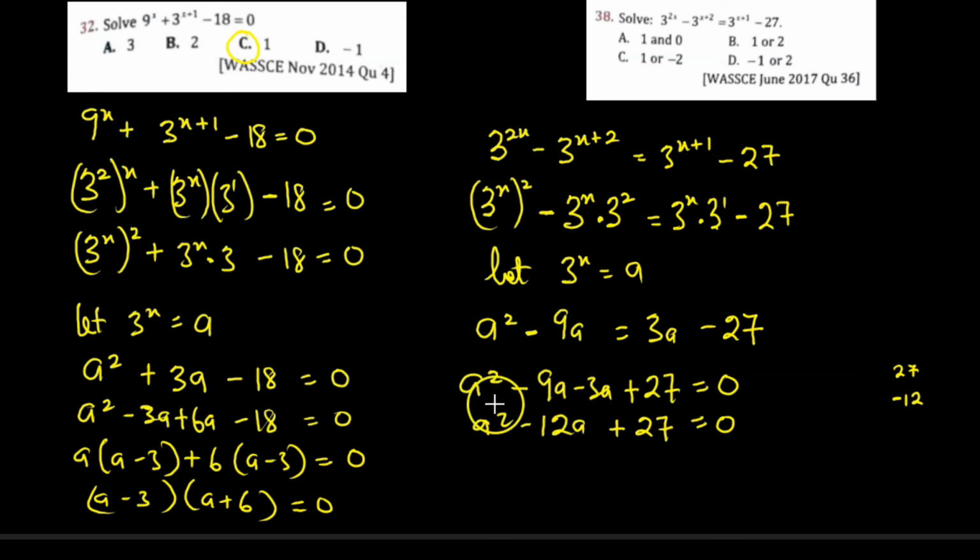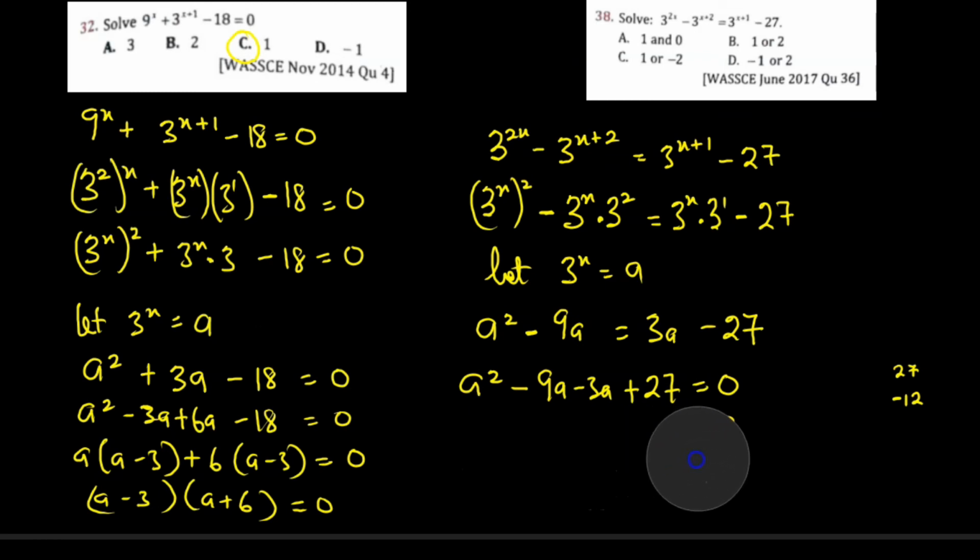So let me just clean this line because it's just a repetition of what I'm going to write. Now let us come up with a factor. So a out, we have a minus 9.